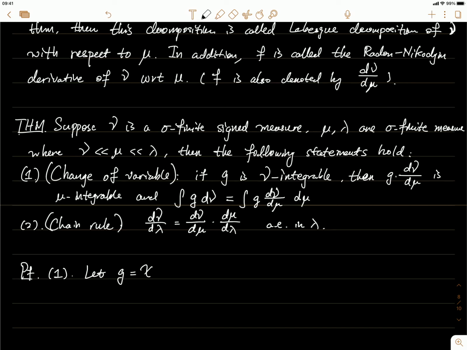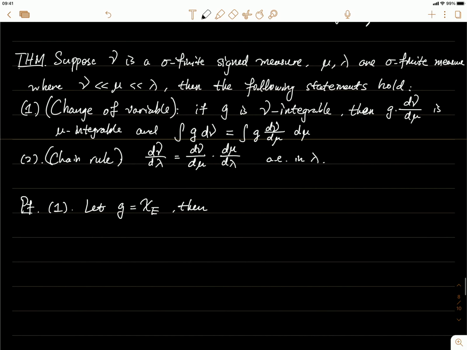Okay, so let G be a characteristic function of a set E, which is measurable. Then on the one hand, we know that nu of E is equal to the integral of G times d nu, right?